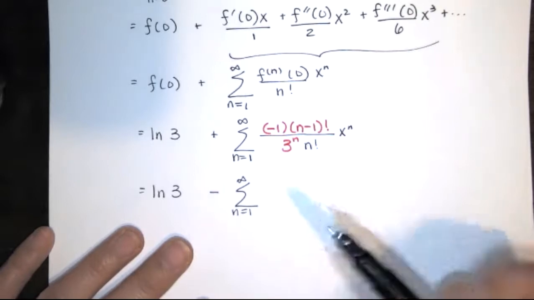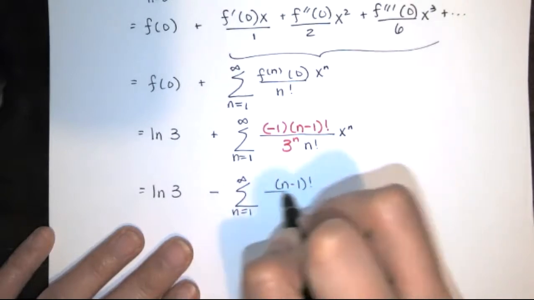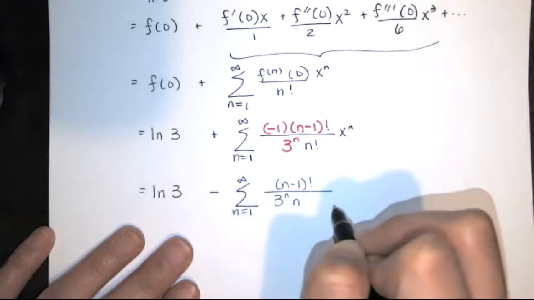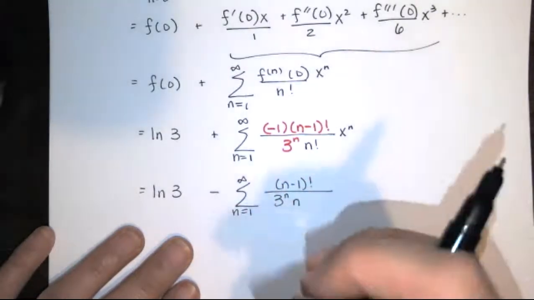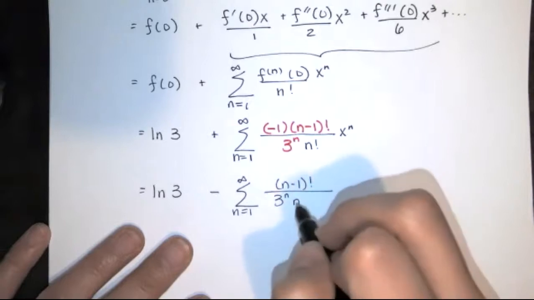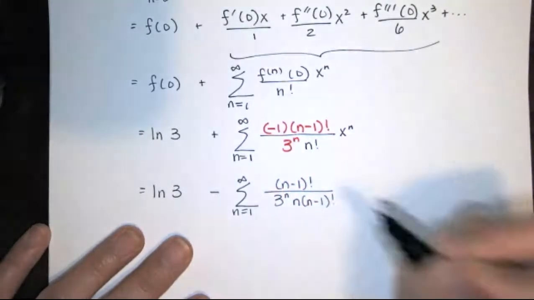Since n is larger than n minus 1, I can write it this way. This is 3 to the n times 1 less than n, that's n minus 1, and then times everything after that, all of the different positive integers all the way down to 1. So this n factorial can be written as n times n minus 1 factorial.